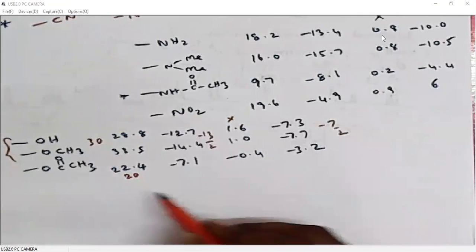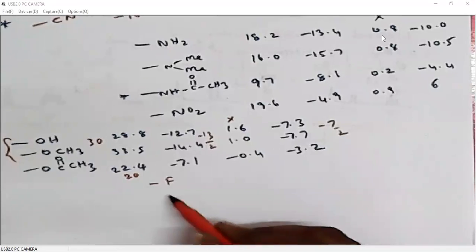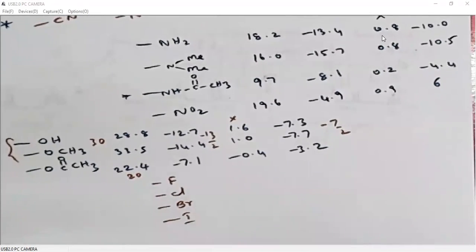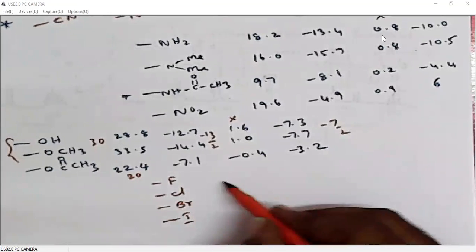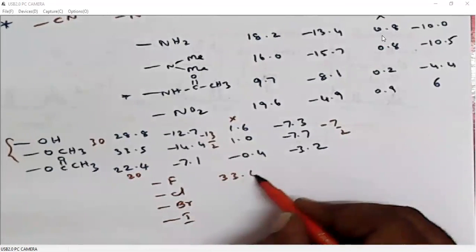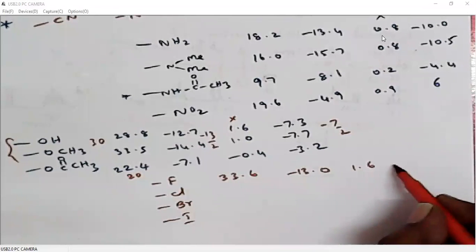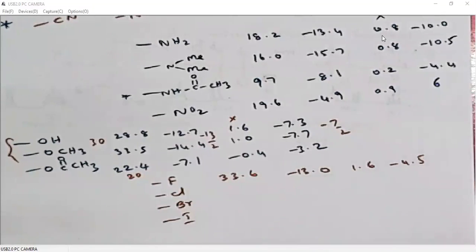And finally we have halogens: fluorine, chlorine, bromine, iodine. For fluorine, 33.6, minus 13.0, 1.6, minus 4.5.